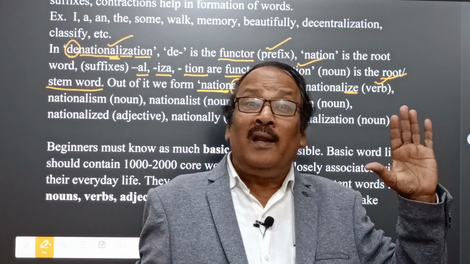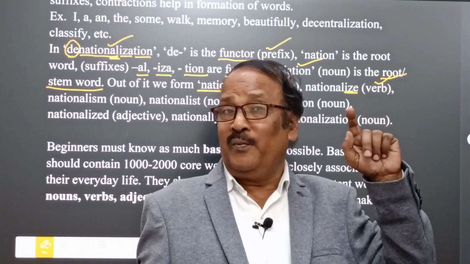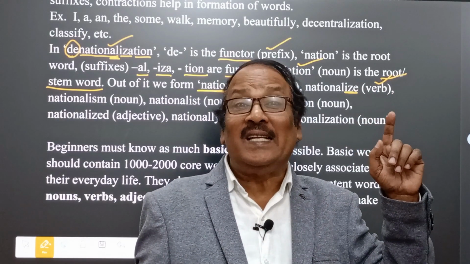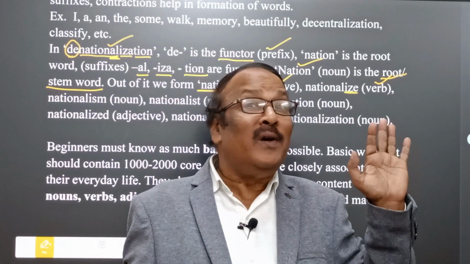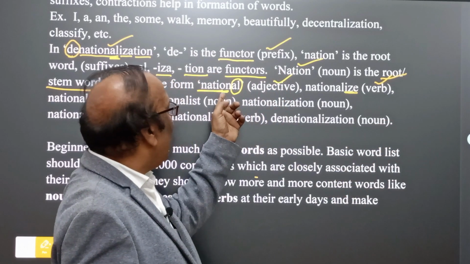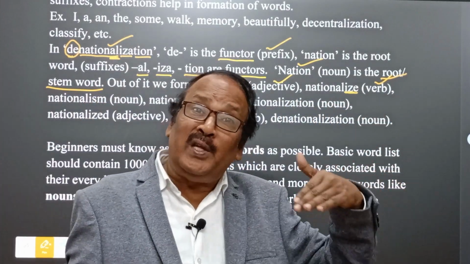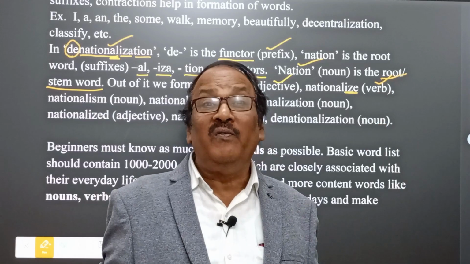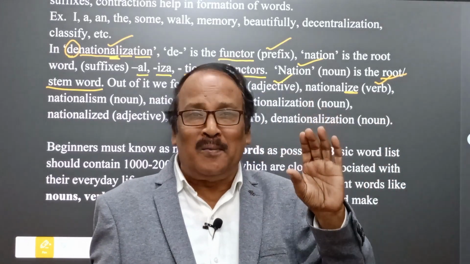So our national flag is of tricolor. Listen here, we find national flag, national anthem. So here national is an adjective. The government has nationalized a number of banks. So here nationalize is the verb form.